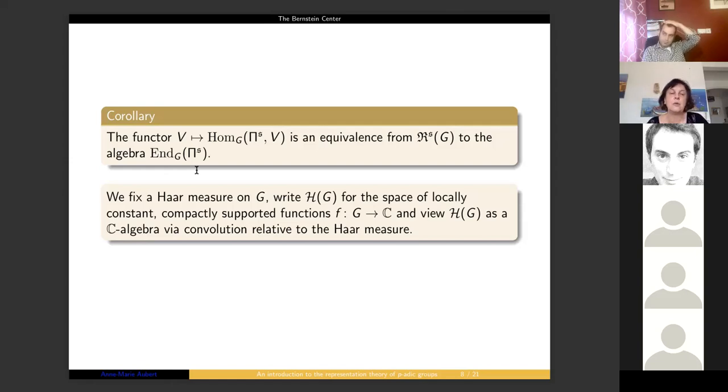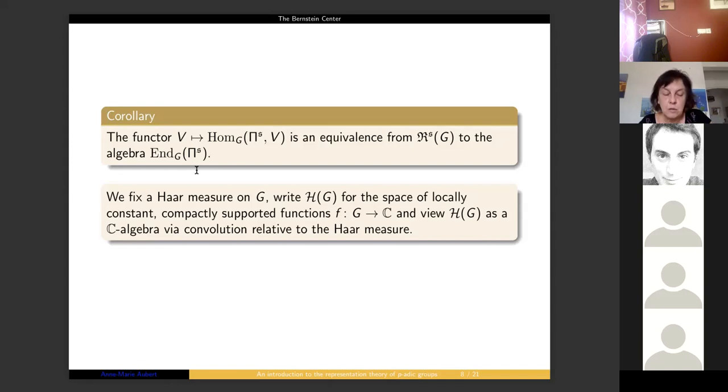Okay, so maybe some words about it, because we have had recent progress. First, a few years ago, in the case where G is either an inner form of GL N over F or a classical group, Volker Heiermann studied this endomorphism algebra and showed that it is an extended affine Hecke algebra.